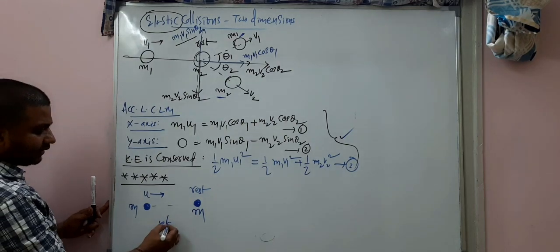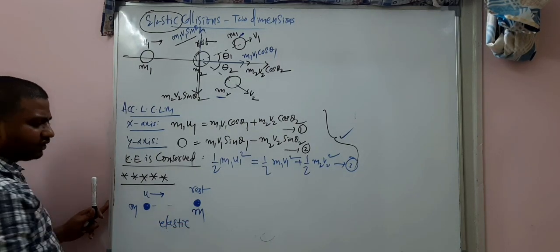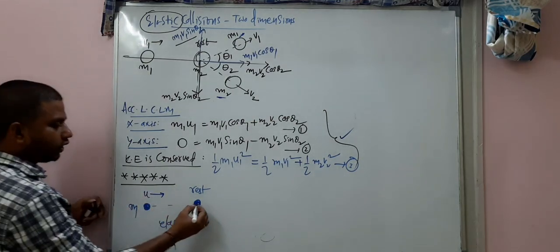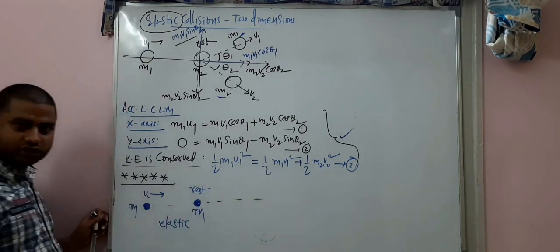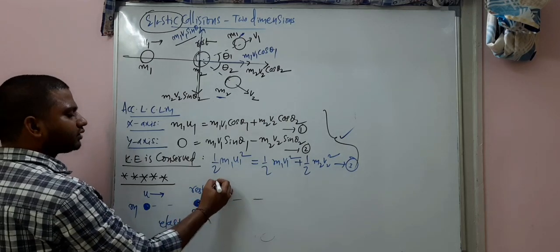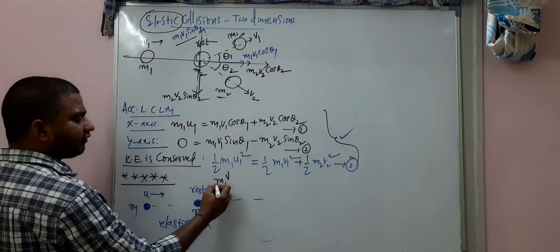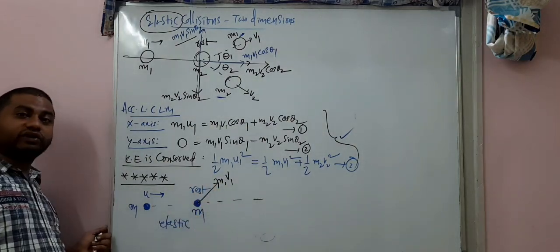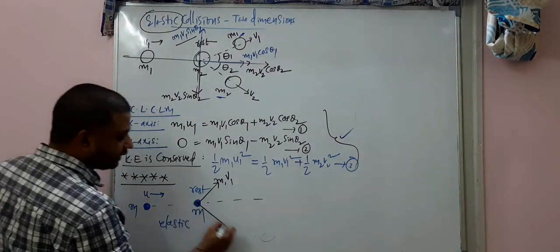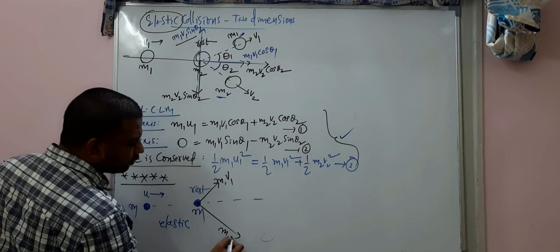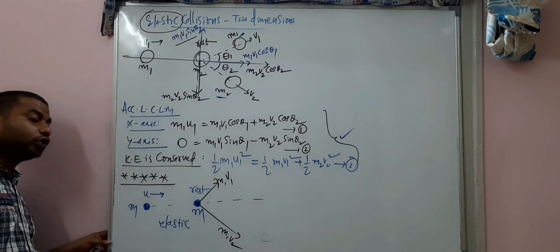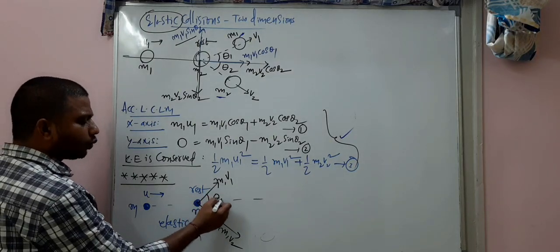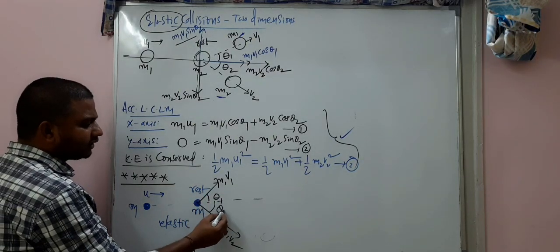When there is an elastic collision between these two bodies, note here everybody, after the collision, the first body is moving with a velocity v1, and the second body moving with the velocity v2, at angles theta 1 and theta 2.